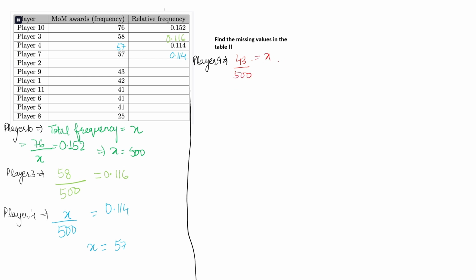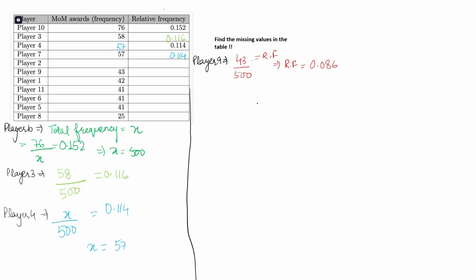Relative frequency RF is 43 upon 500, which equals 0.086.